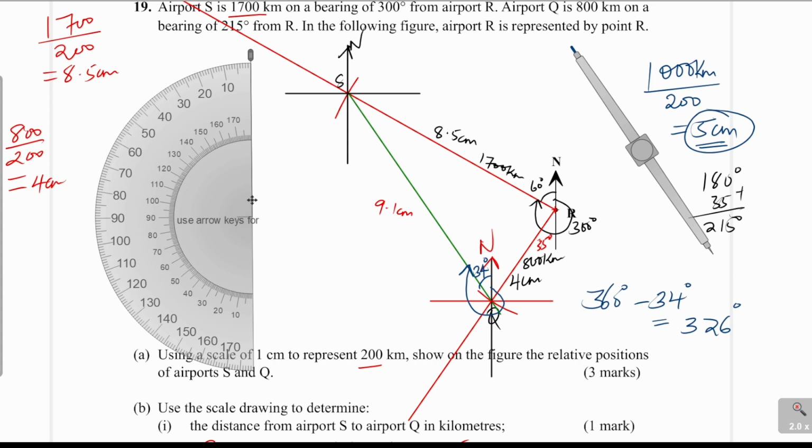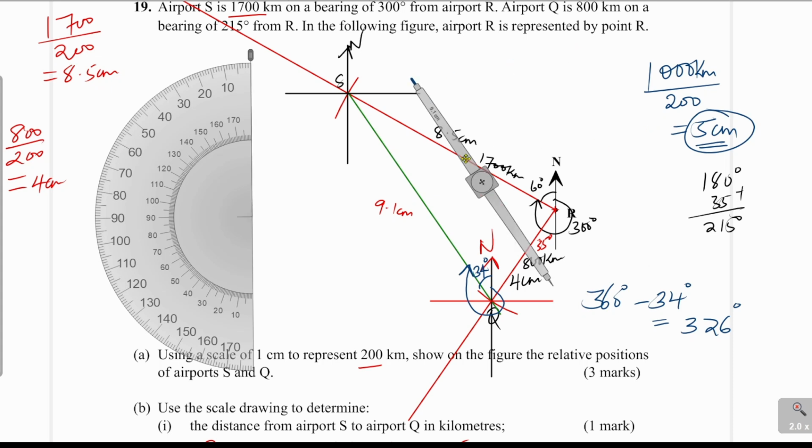So we need to take 5 centimeters and then we mark an arc standing at R, because we want to get at what time was it exactly 1000 kilometers from R, and 1000 kilometers is equivalent to 5 centimeters.